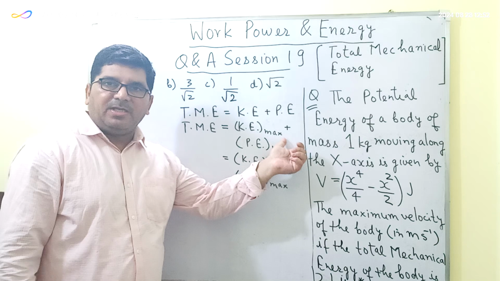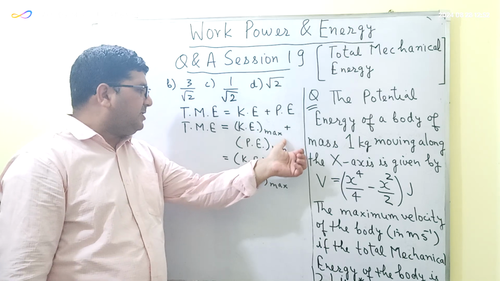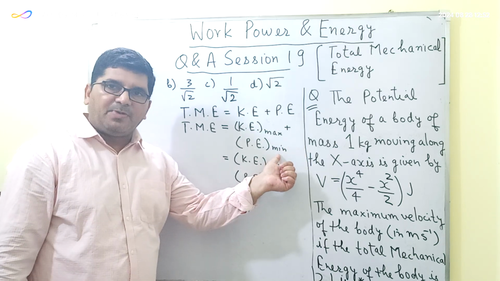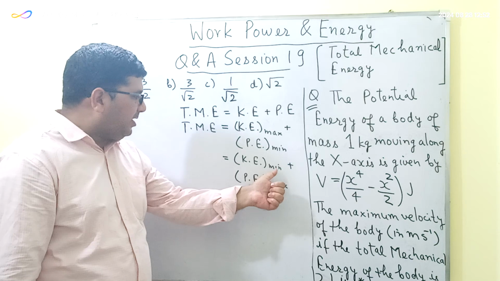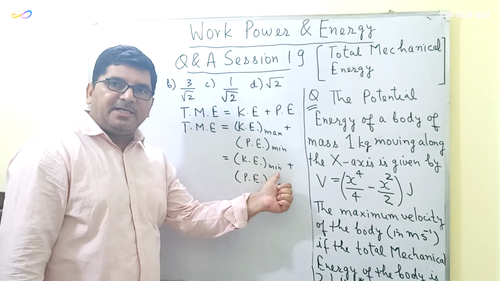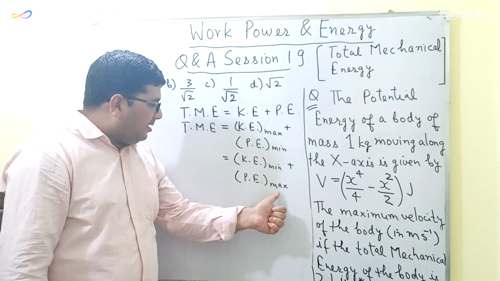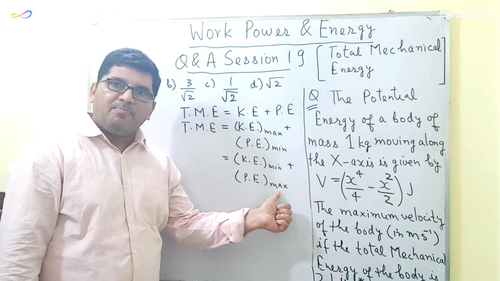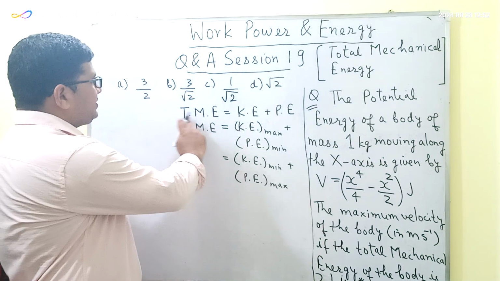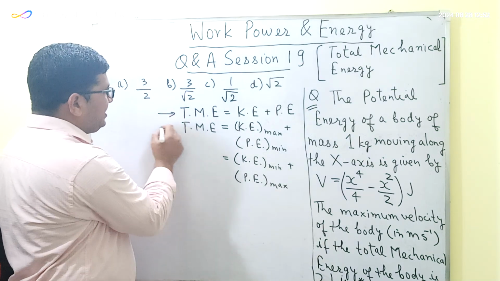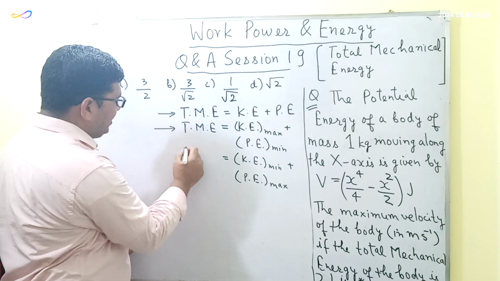Whenever a body is having the maximum kinetic energy, then it will be having the minimum potential energy, and whenever a body is having the minimum kinetic energy, then it will be having the maximum potential energy. So this equation can also be written in this form.